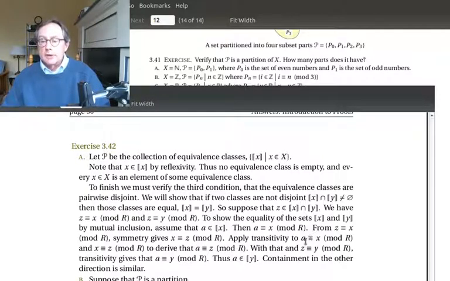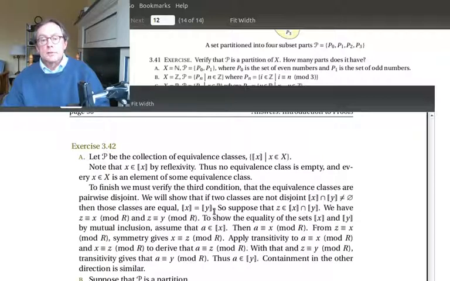You apply transitivity to get A is equivalent to X, X is equivalent to Z, therefore A is equivalent to Z. And finally, Z is equivalent to Y. So that gives me that A is equivalent to Y, because this is transitive. So I swung from A to X to Z to Y, and so A is an element of [Y]. Containment in the other direction, of course, works exactly the same way.